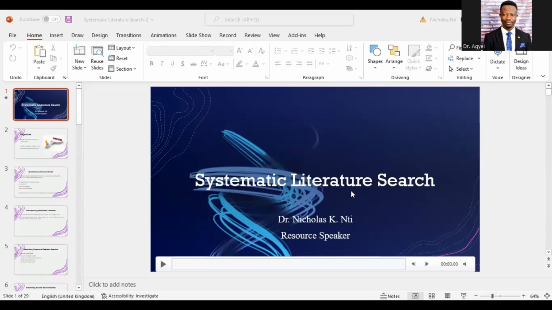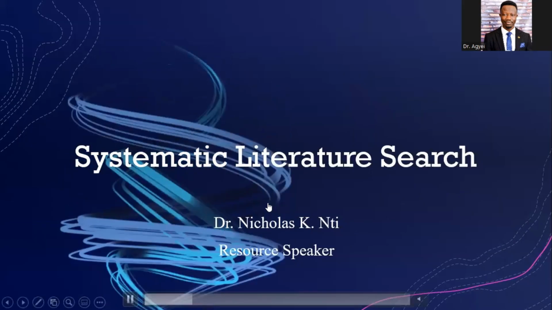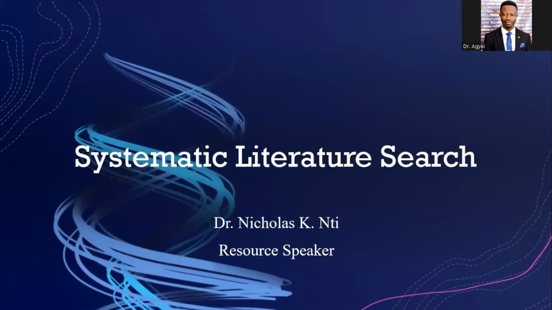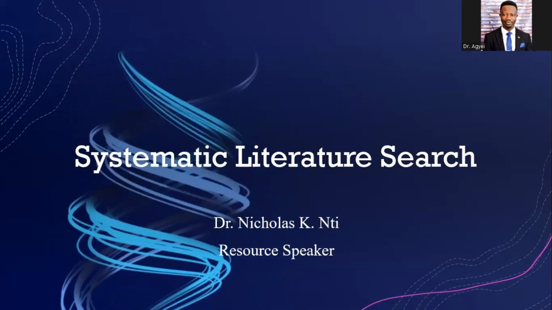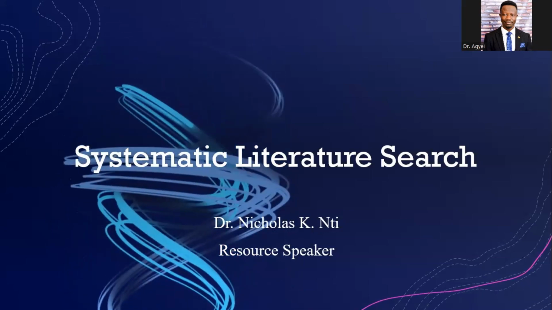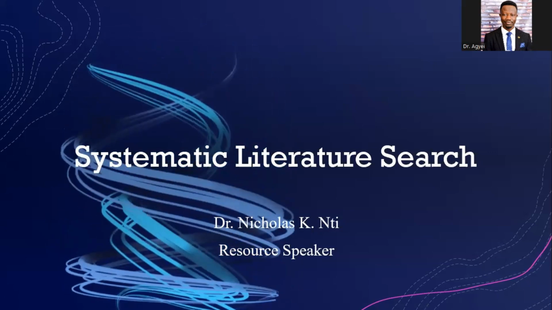Our next discussion will be looking into systematic literature search. So this time you have your topic, and you have been able to identify the materials you may need for your studies. The question you ask yourself is this: today, information is everywhere, especially because of the internet and a whole lot of databases.